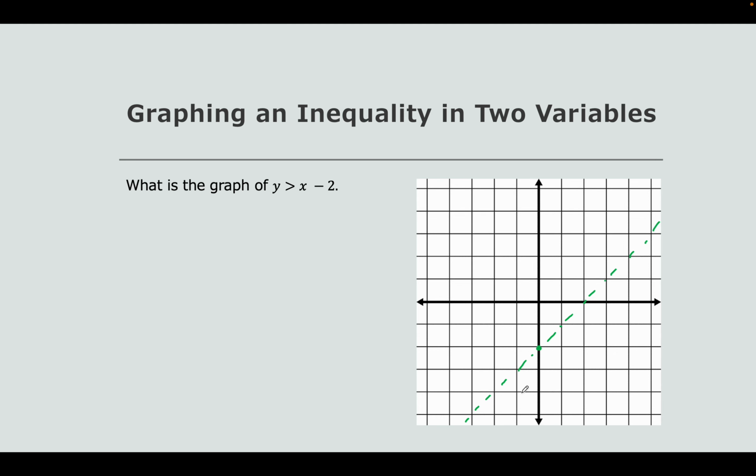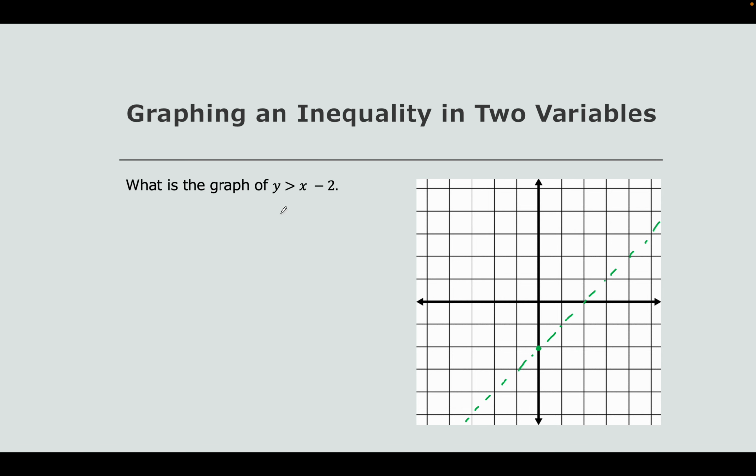Once we do that, then we have to figure out, are all of these things on this side of the graph the solutions, or all of these things on this side of the graph? The way that I like to do that is I like to use 0, 0, because if I just plop in 0, 0, then I can find out if 0, 0 is a solution or if 0, 0 is not a solution, and that'll tell me the answer.